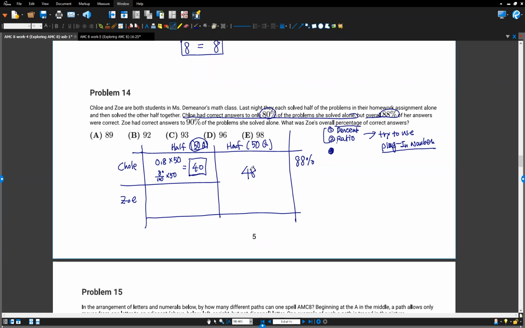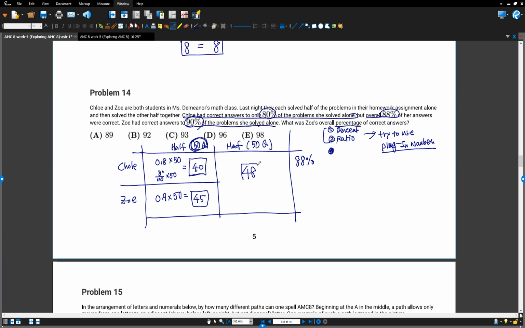Okay. Now the next one. Cole had correct answers of 90% on the problems he solved alone. Okay, Cole 90% out of 50. 0.9 times 50 questions. He made about 45 questions correct. The other half is that they work together, so it should be the same numbers. That's right.